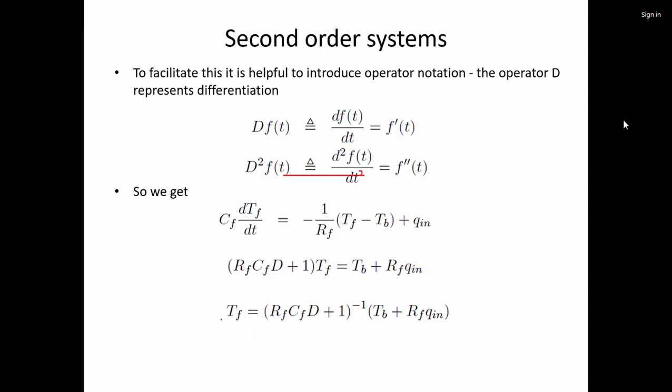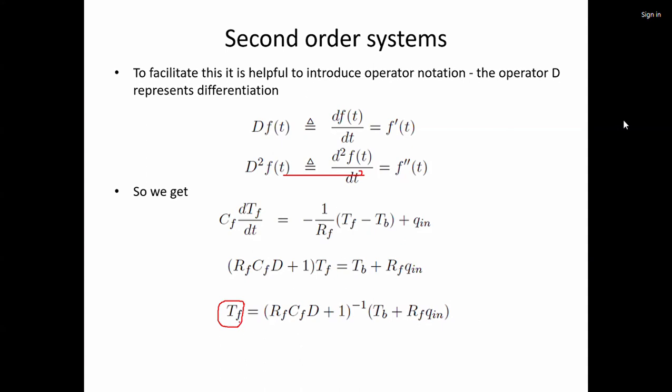So from here you can write that your TF is going to be (RF CF D plus 1) to the power minus 1, because you are taking it to this side, into (TB plus RF into QN). Okay. So basically you have now found an expression for TF in terms of all other parameters.